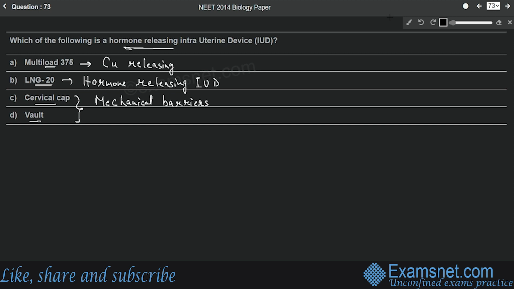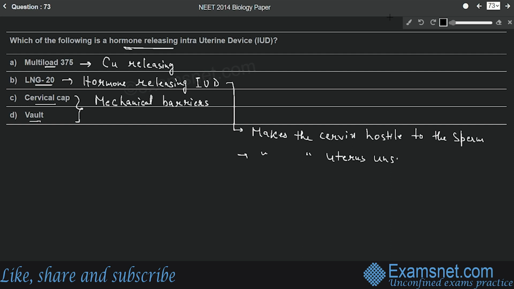And if we talk about the function of the LNG20, it basically makes the cervix hostile to the sperm, and also makes the uterus unsuitable for implantation.